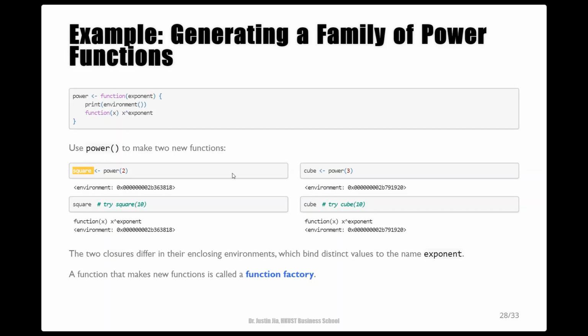We name them square and cube. So these two functions are associated with different enclosing environments, which result from running the body of function power at different times. And these two enclosing environments provide different value bindings for the free variable exponent.